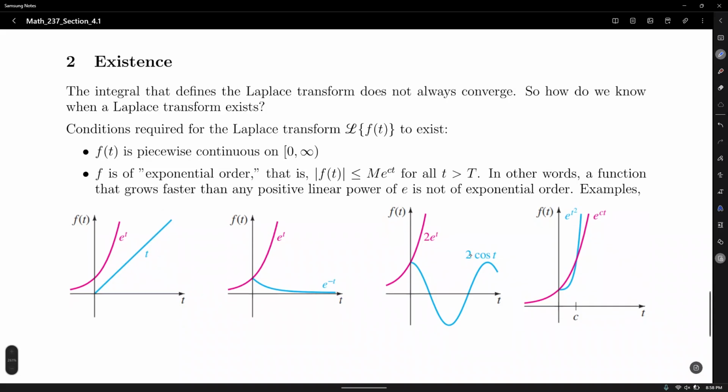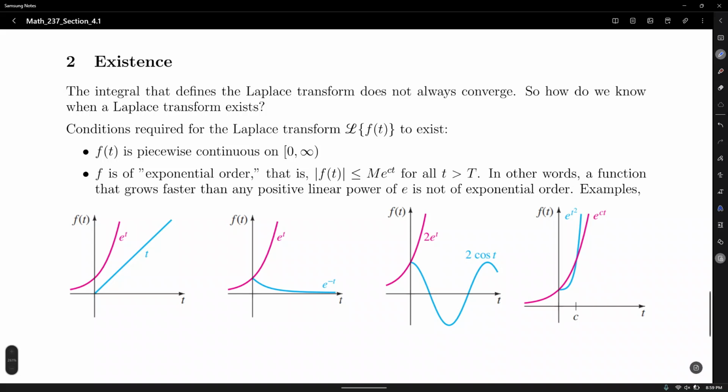The function 2 cosine of t is an oscillating function. It decreases, increases, decreases, increases, but it doesn't increase faster than 2e to the t.